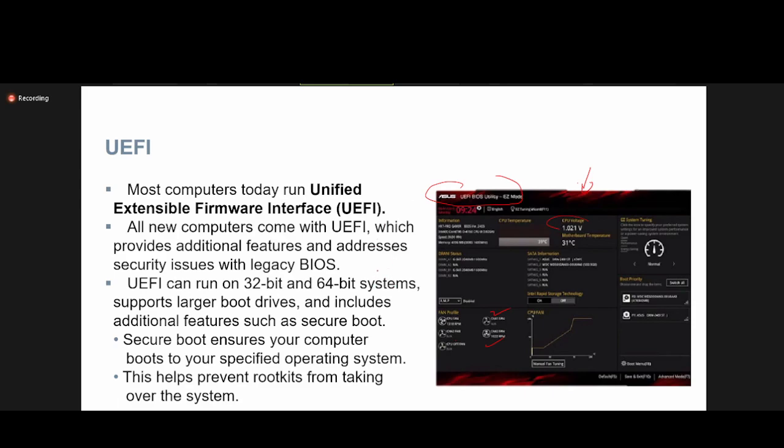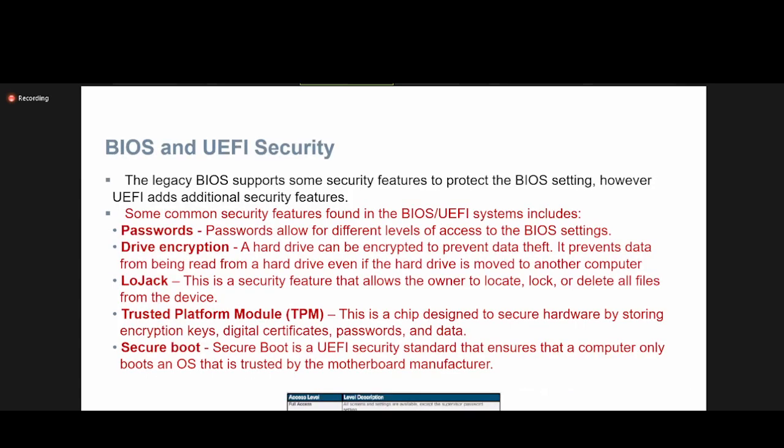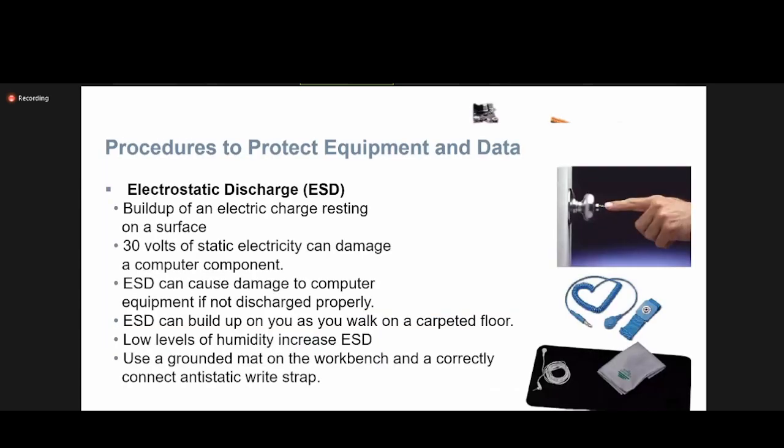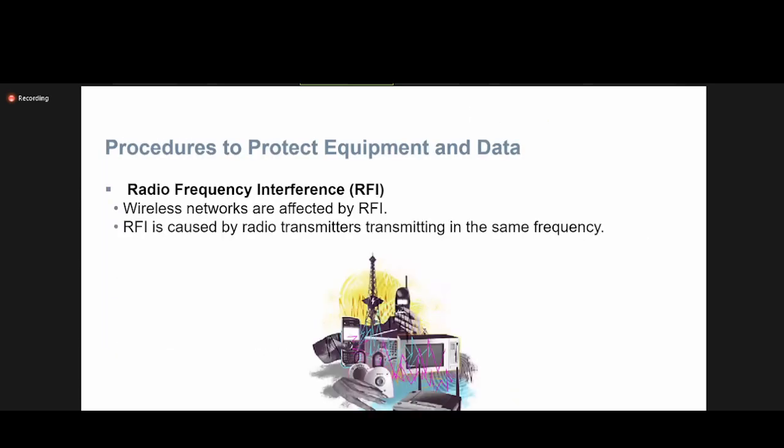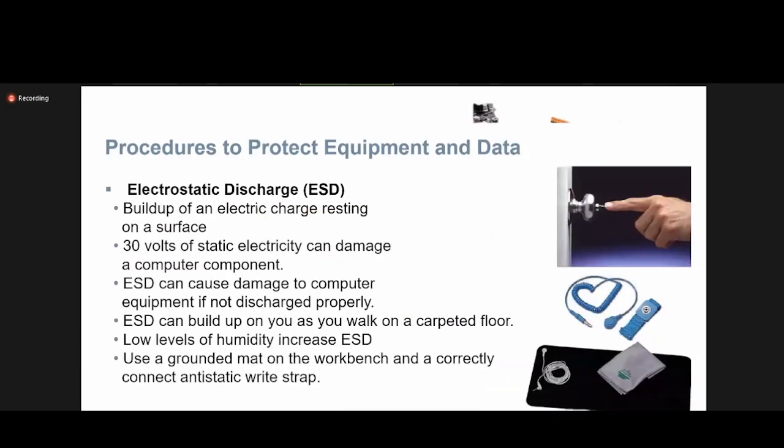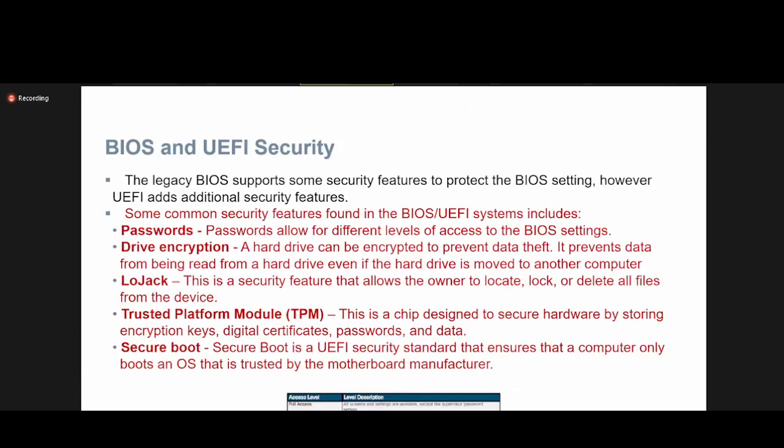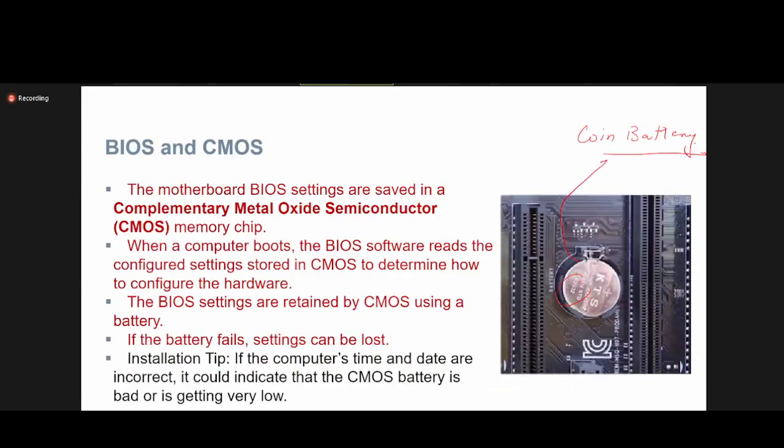All new computers come with UEFI, which provides additional features and addresses security issues with legacy BIOS. Legacy BIOS, I think I have a screen for legacy. Not in this slide. Okay, I'll show you some videos about that if I have time, or I'll post it in detail. You can watch it.